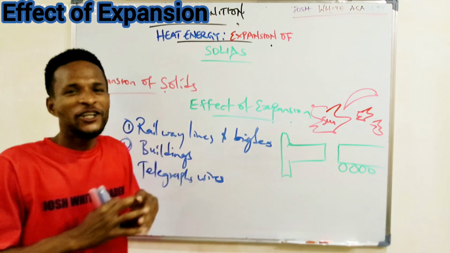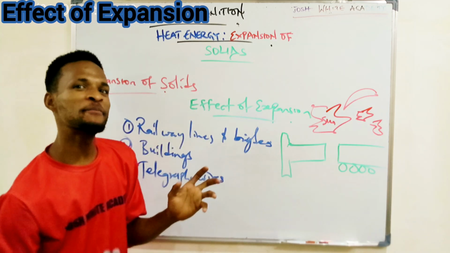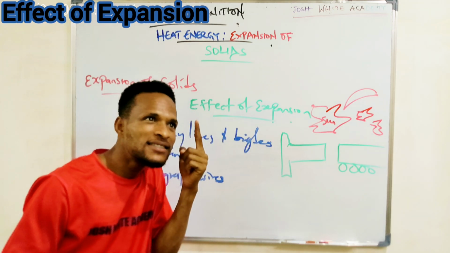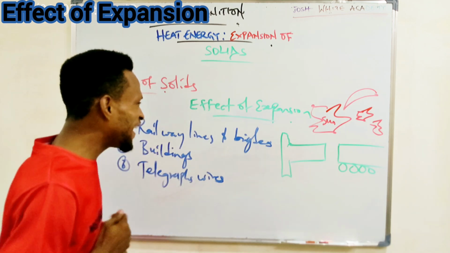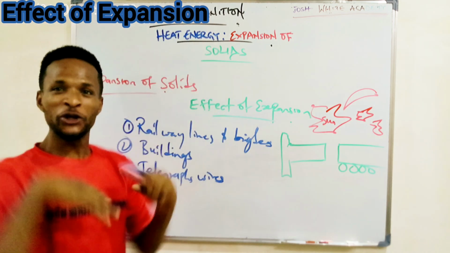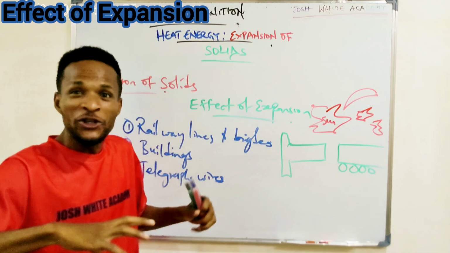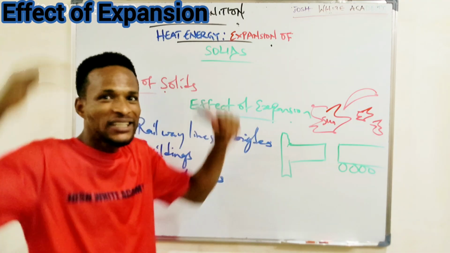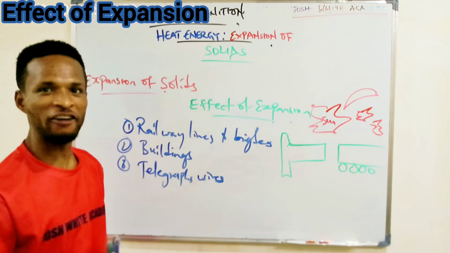You will notice during a sunny day, you begin to hear some creaking sounds, because the galvanized iron used for roofing is expanding, and during the night you will hear that same sound because it is now contracting back to its original form.